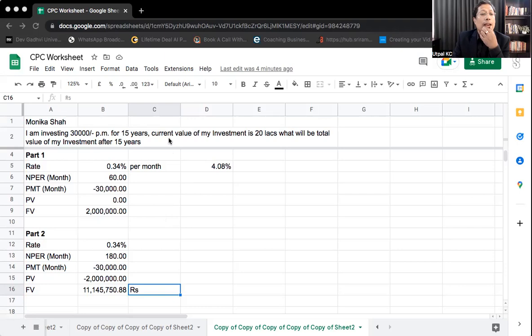Ghanesham Chetri asks, in pure equity, how to find the rate? You cannot find a rate in pure equity. In fact, in mutual funds also you cannot find a rate. But in mutual funds, we know how to surf it. What to do when the market goes up? There is a scientific way to find out whether it is overvalued or undervalued. It's not necessary that because the market has gone up, it is overvalued.